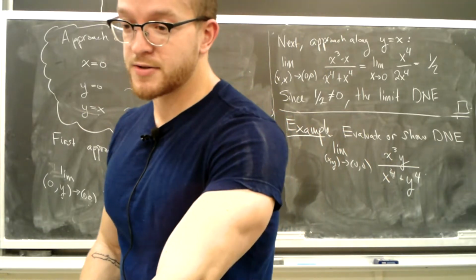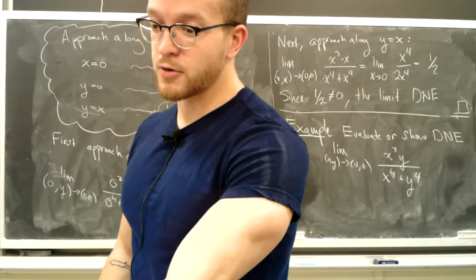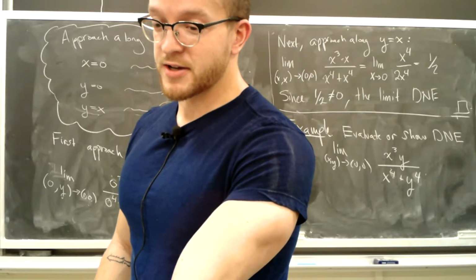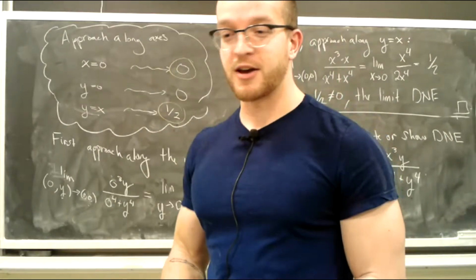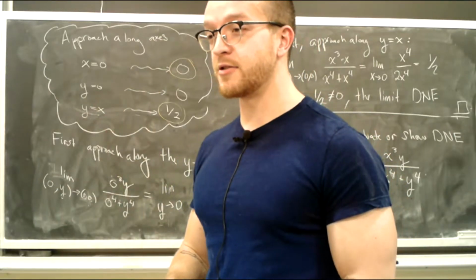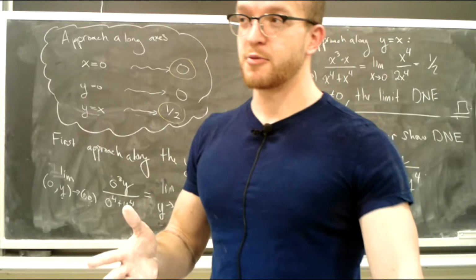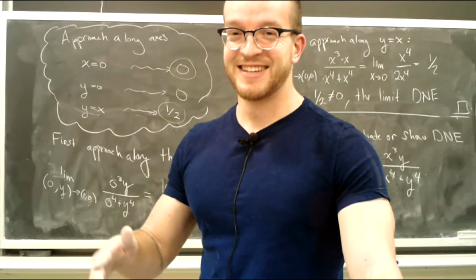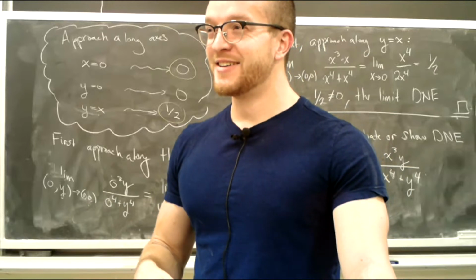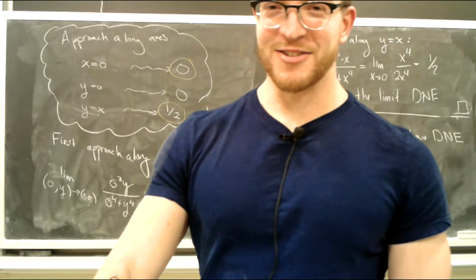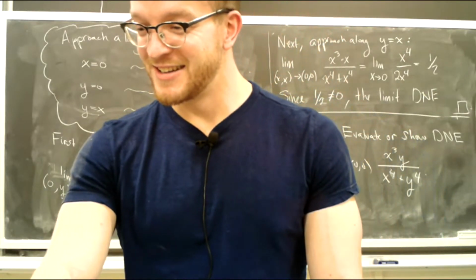Then the other question is, how do we know that we can approach along y equals x? What about y equals x squared? You can try if you want, but you don't have to do this. There's probably a whole lot of other things that you could do. I just usually think about y equals x as my next option because it works a lot. That's why I did that. I don't really have a deeper reason beyond that.